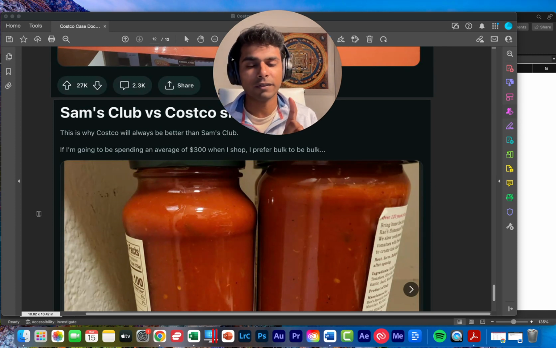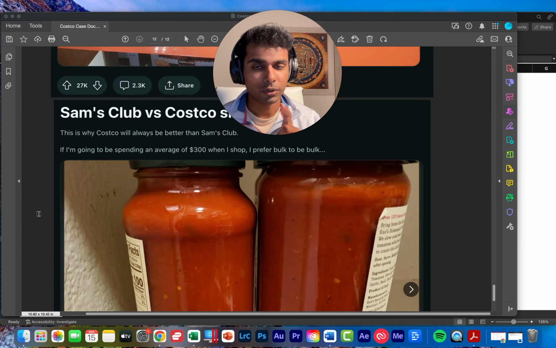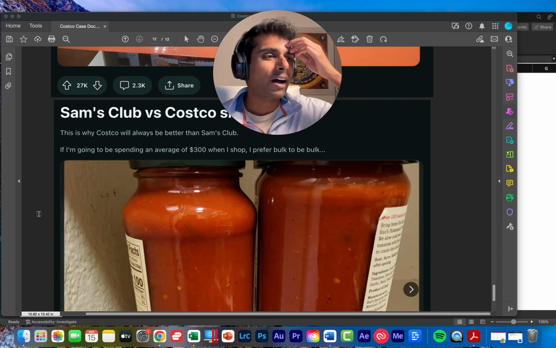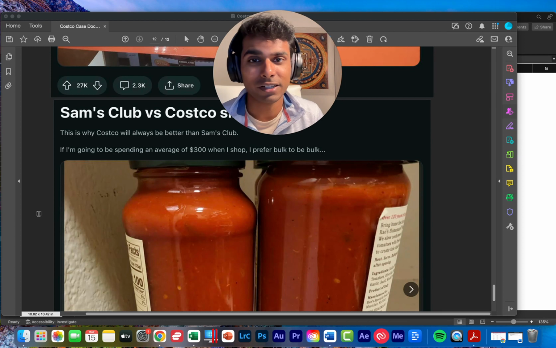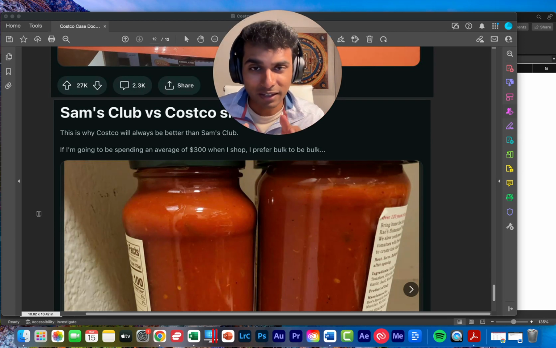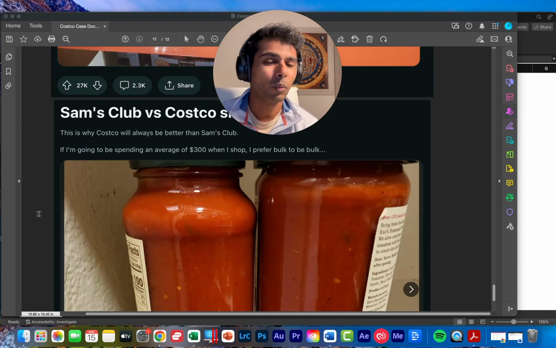It's so easy for a retailer to just cut the portion sizes. I think I saw this John Oliver clip where he was posting news clips about shrinkflation, about how all these different businesses are just reducing the quantity within each product. Costco doesn't do that, right?